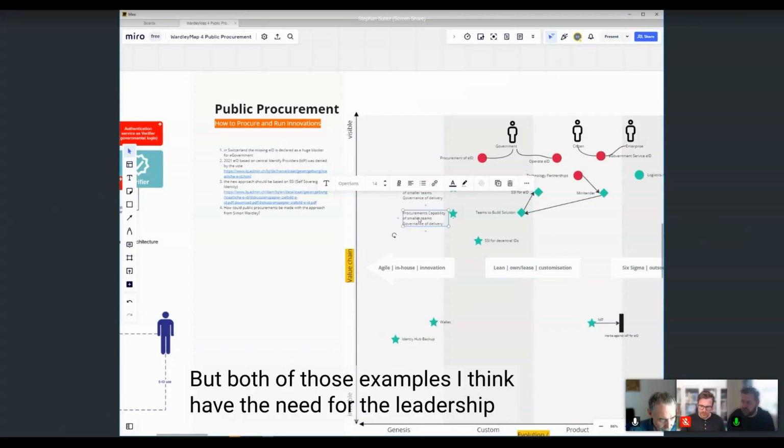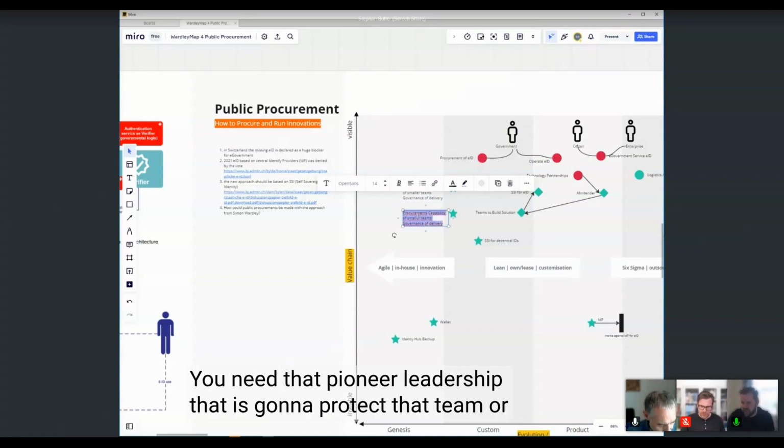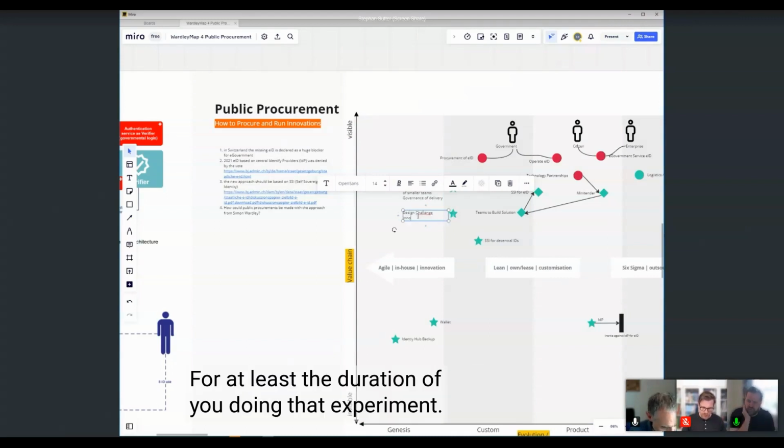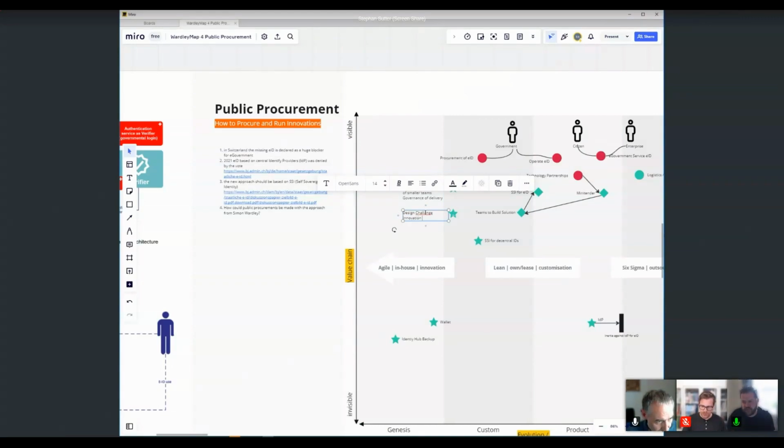But both of those examples, I think, have the need for the leadership that's willing to try something new. You need that pioneer leadership that is going to protect that team or protect that new way of working for at least the duration of you doing that experiment, probably slightly longer as well.